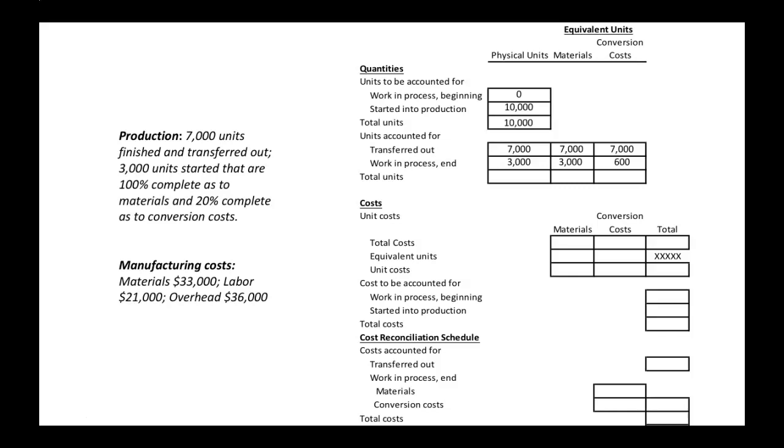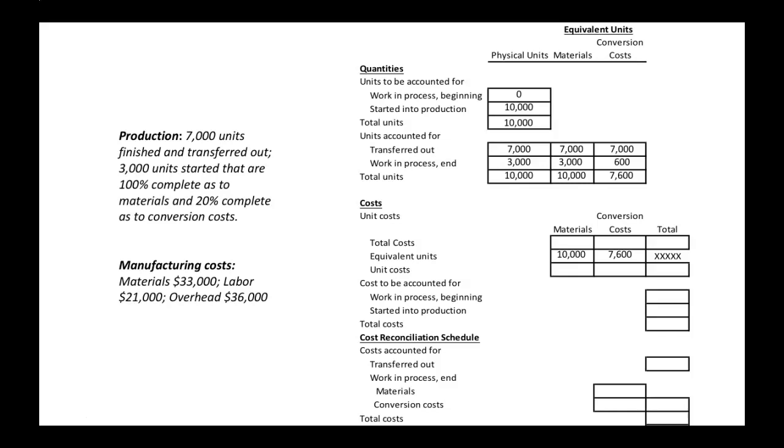So now we can find our total units, right? 0 plus 10,000 is 10,000. Then 7,000 plus 3,000 equals 10,000. We can do that as well for our materials and for our conversion costs.